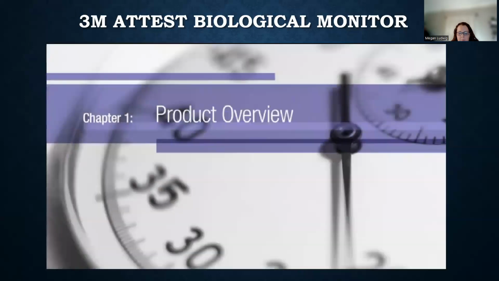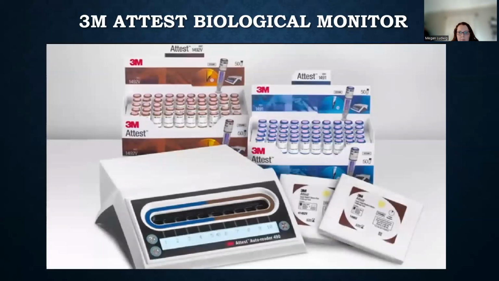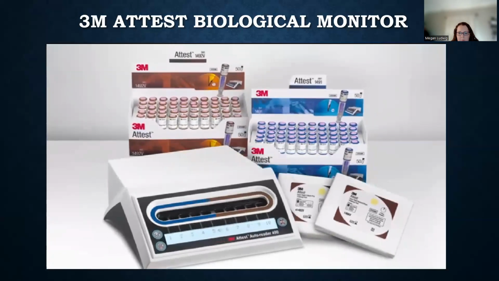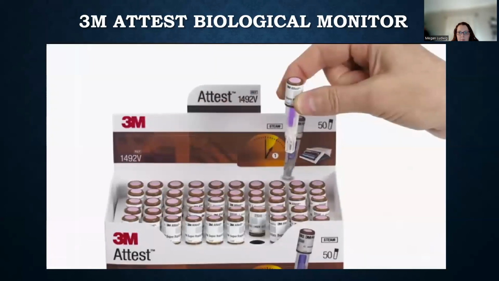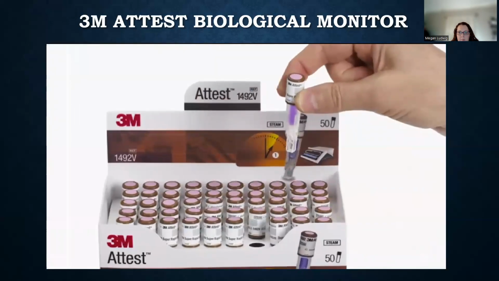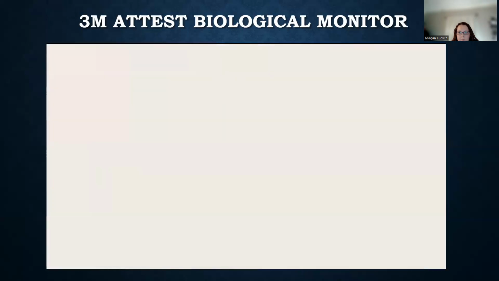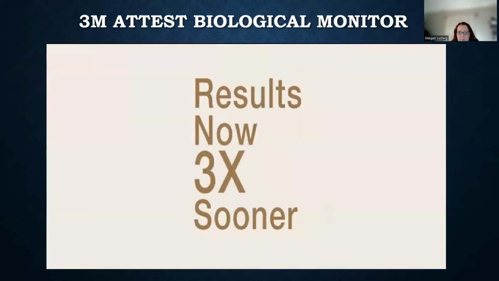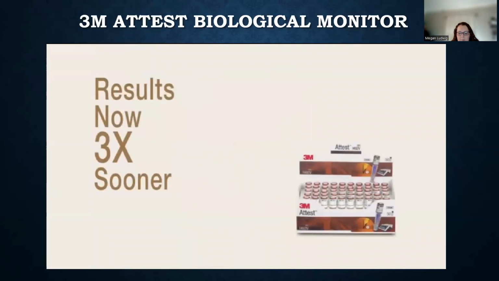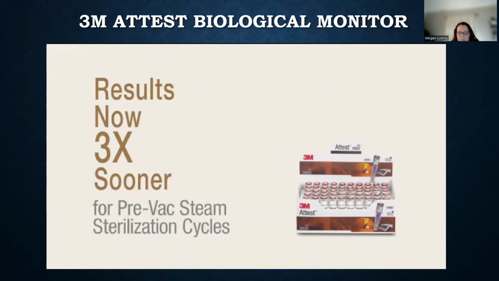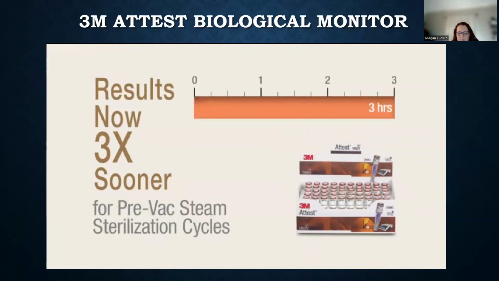The 3M A-Test Super Rapid Readout Biological Indicator System is a super fast, reliable way to monitor steam sterilization processes in healthcare facilities. A-Test Super Rapid Biological Indicators, or BIs, dramatically decrease turnaround time by providing true biological results faster than ever before. 270-degree Fahrenheit vacuum-assisted BI incubation time is just 1 hour instead of 3.